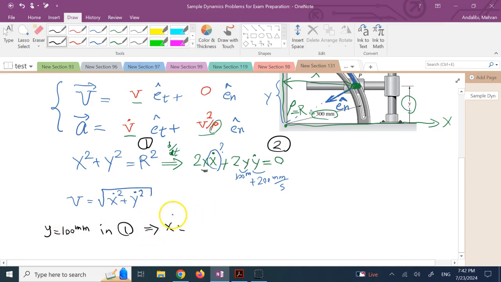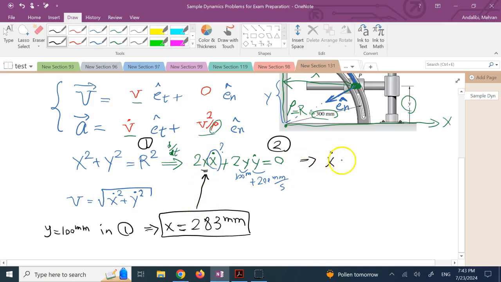And if you solve for x, you are going to get 283 mils, if you round it to the nearest whole number. Now this goes here, and you can find x dot. And if you find x dot, your number is going to be negative 70.7 millimeters per second. You see, now I have x dot. So it can go here. And y dot I already had, that was 100.